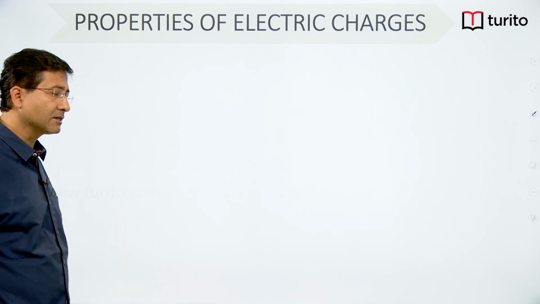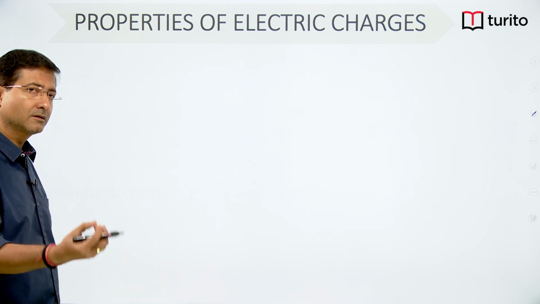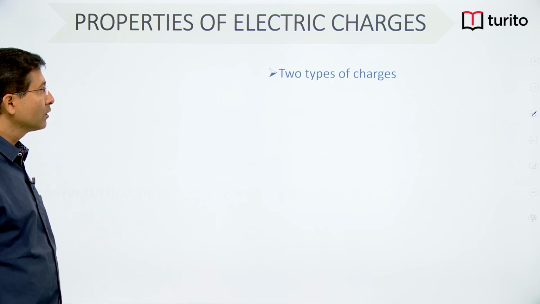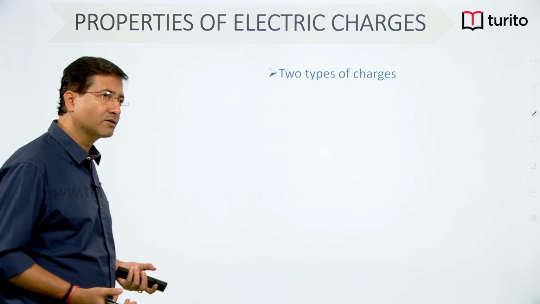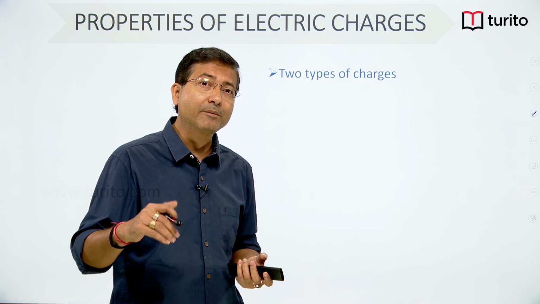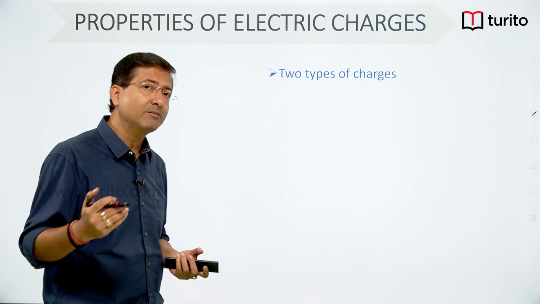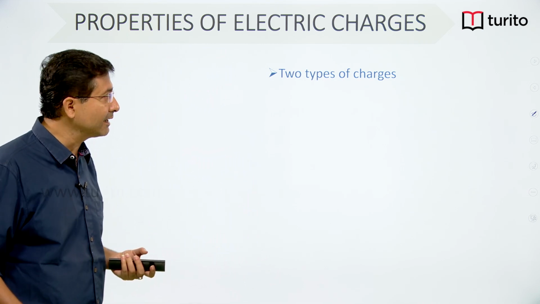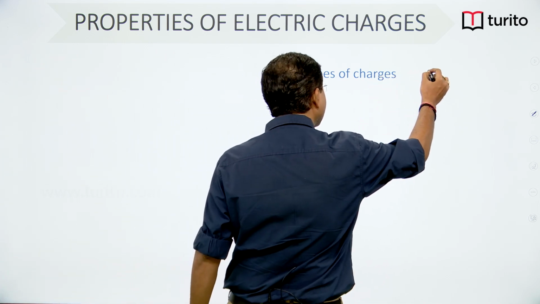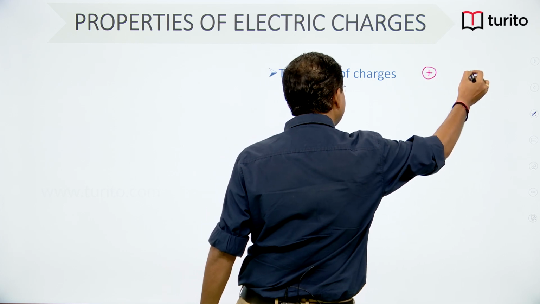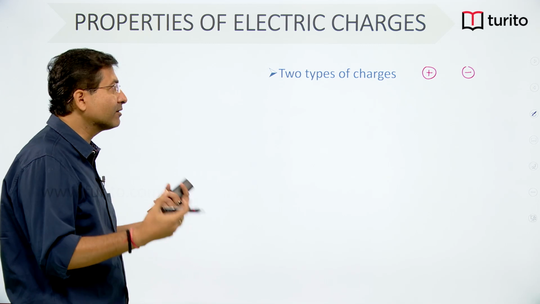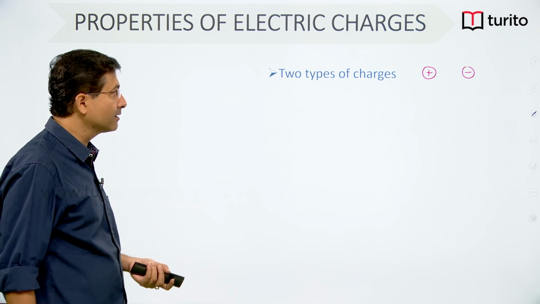Now properties of charges. Like mass, charge will have some properties, let us see. So, there are basically two types of charges, named arbitrarily by Benjamin Franklin as positive and negative. So, one charge we consider positive and another charge we consider negative. These are the two names arbitrarily given by Benjamin Franklin.